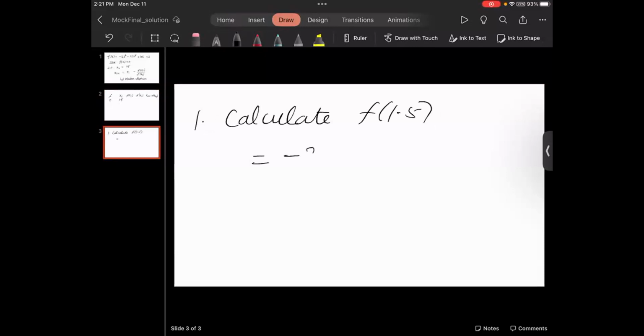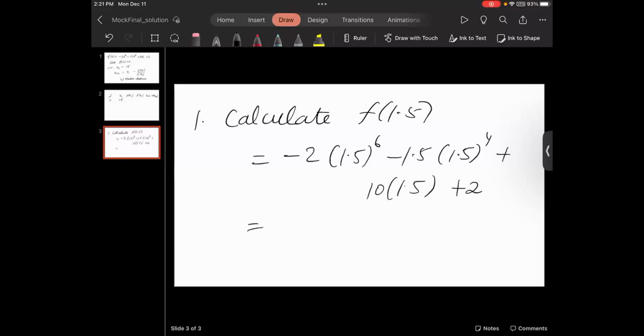That is equal to minus 2 times 1.5 to the power 6 minus 1.5 times 1.5 to the power 4 plus 10 times 1.5 plus 2. It's simple enough. I'm just trying to do this so that it will be easy for people who are following it later. You can put it in your calculator and we'll know what the number is.